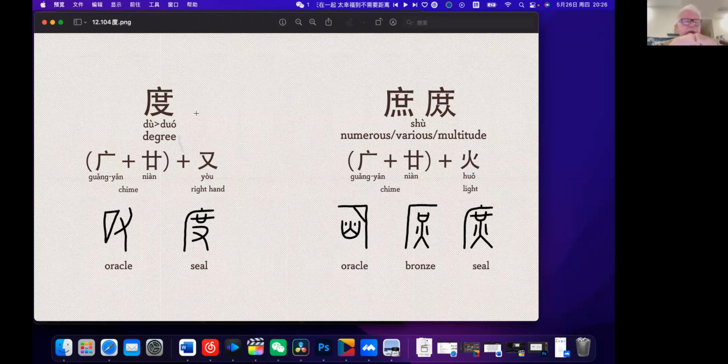But in the modern character, we only have components. We have remnants, guang, which has nothing to do with the character, nian, which has nothing to do with the character. And we have a hand. But if we look at the oracle character, we can see the top part actually comes from a triangle. So we have a hand and a chime. How does this translate as degree? Well, each chime has a different tone, so you can extrapolate to the idea of degrees.